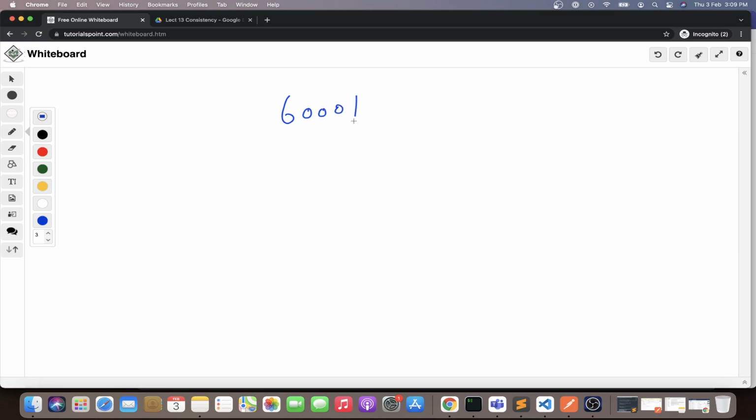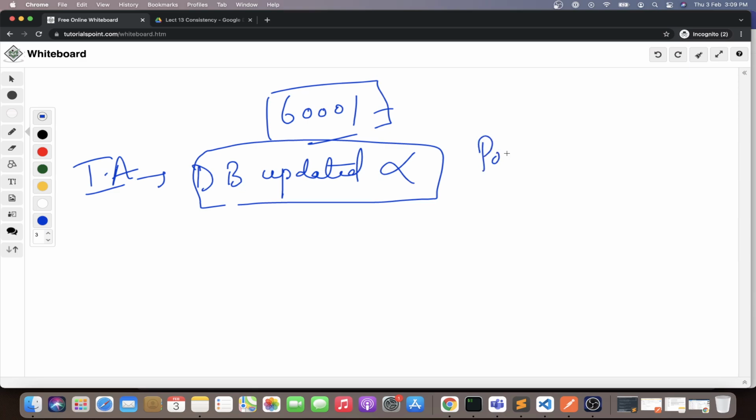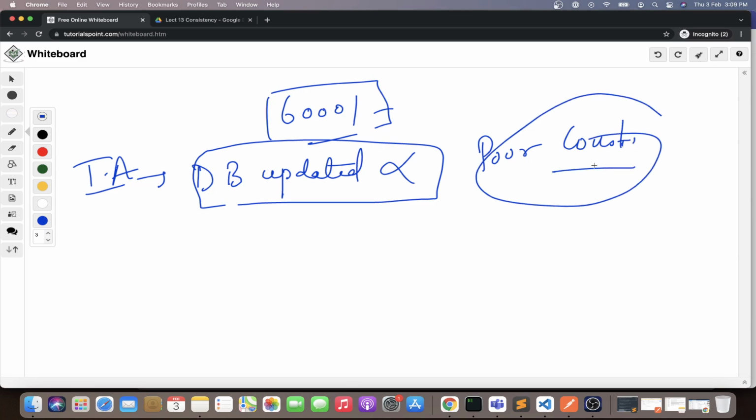Total 6,000 rupees. So the technical assistant said that the database is not updated. So this is poor customer service, poor consistency is the result, and the data flow here is irregular.